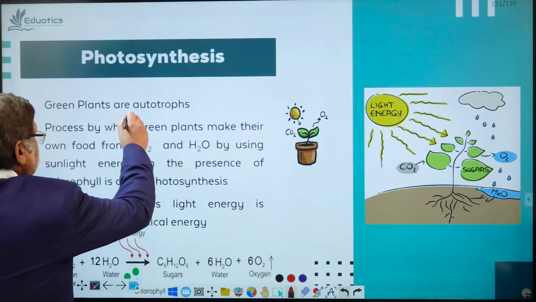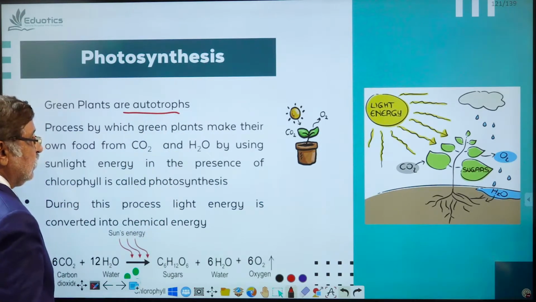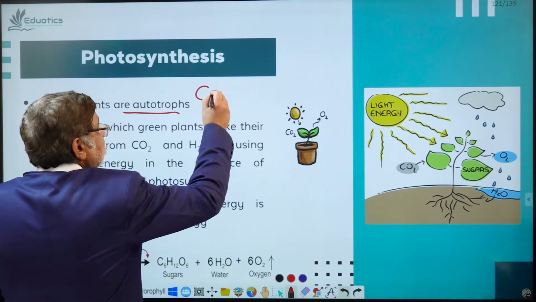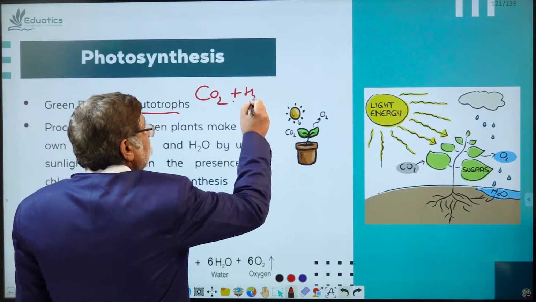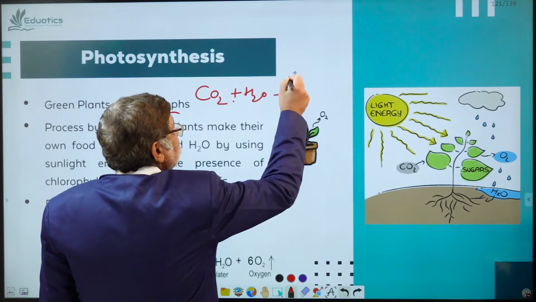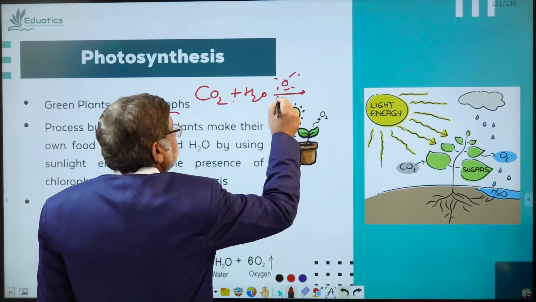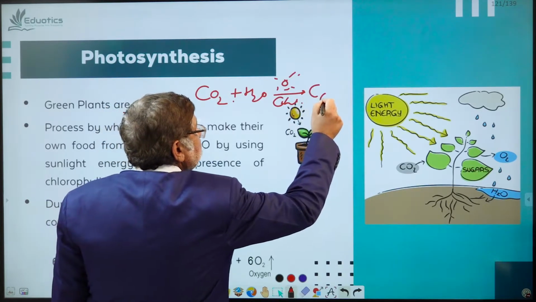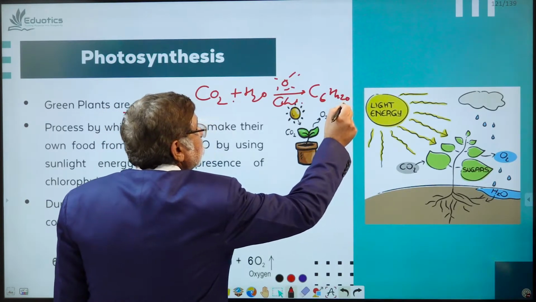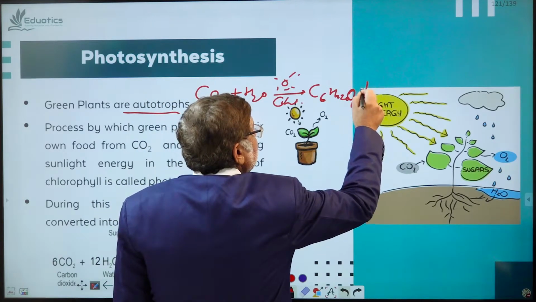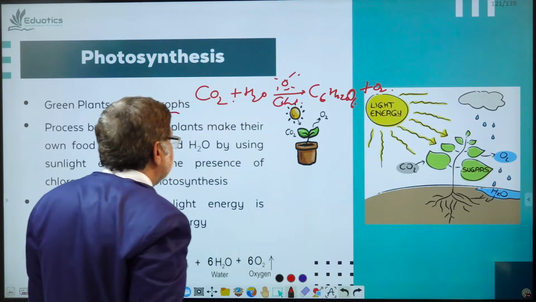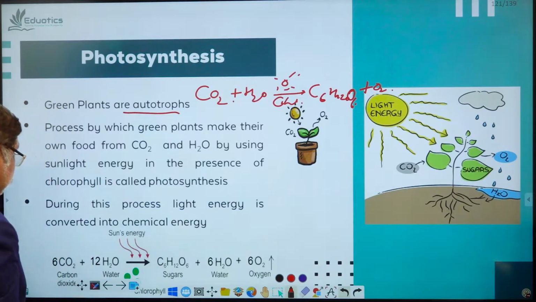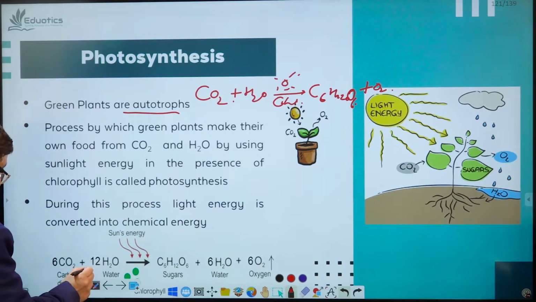Green plants are autotrophs. They require carbon dioxide, water, sunlight, chlorophyll to manufacture glucose and liberate oxygen. This whole process is known as photosynthesis, and the equation for photosynthesis is summarized here.